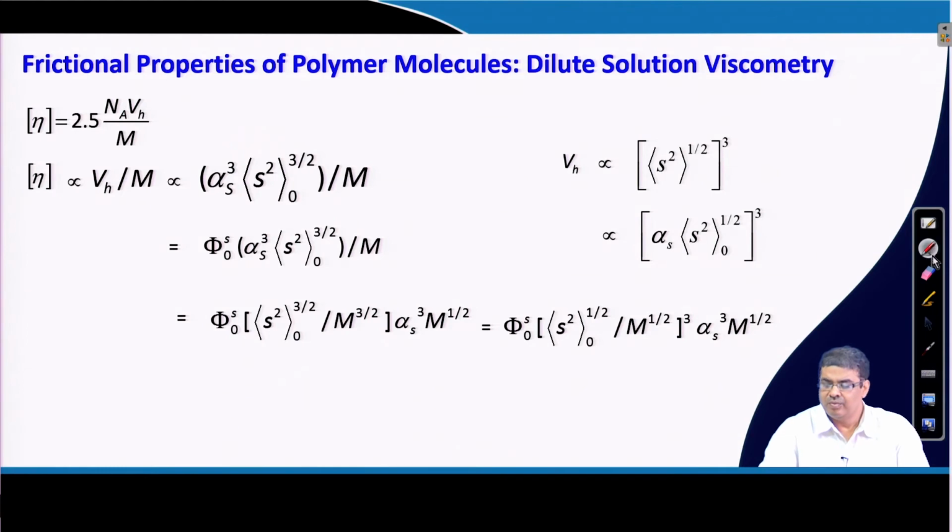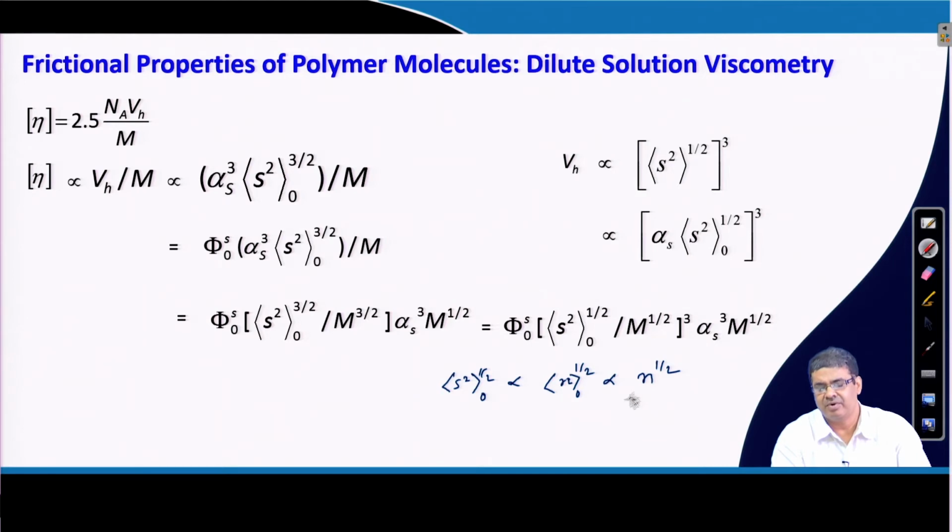Now, we have seen in the last class that this term is proportional to the root mean square end to end distance, which is proportional to n to the power half.